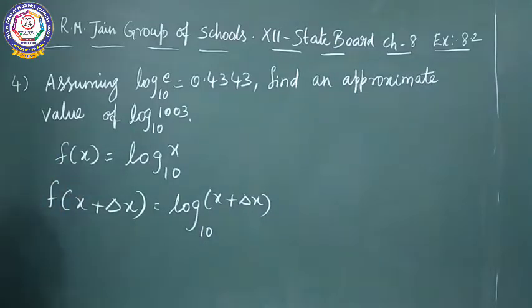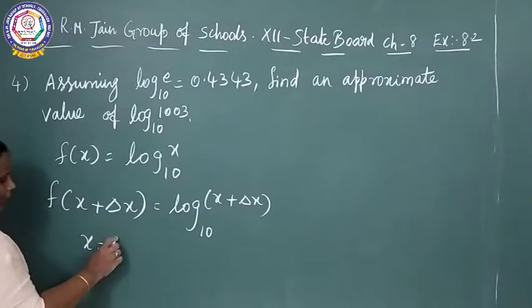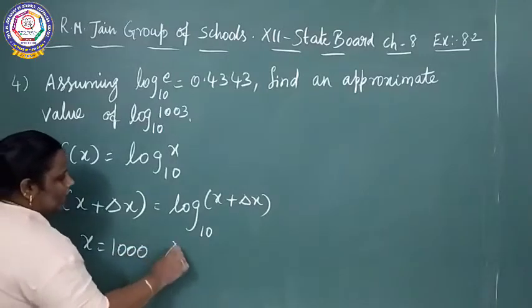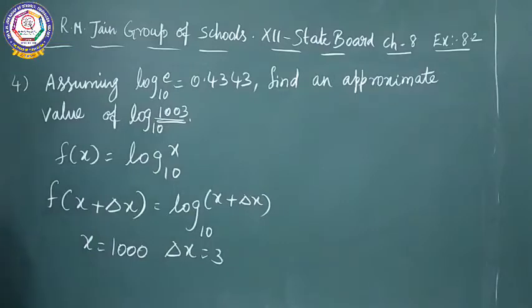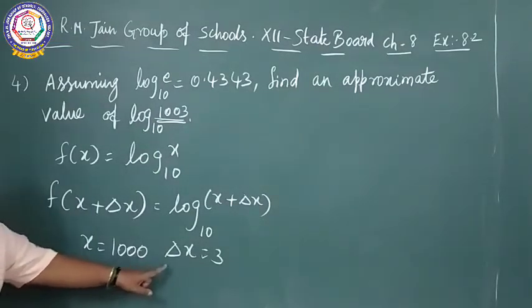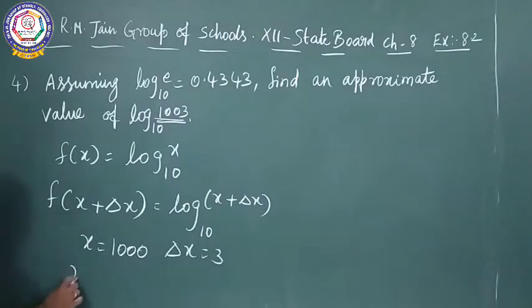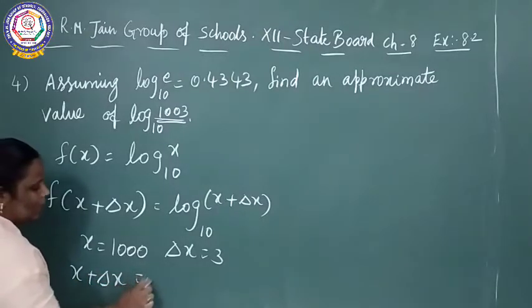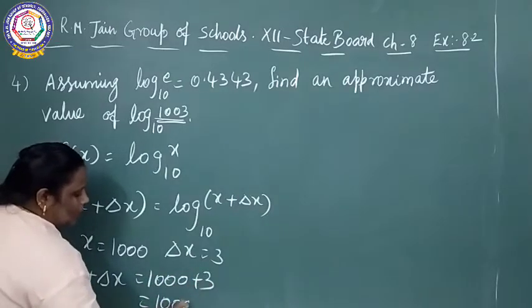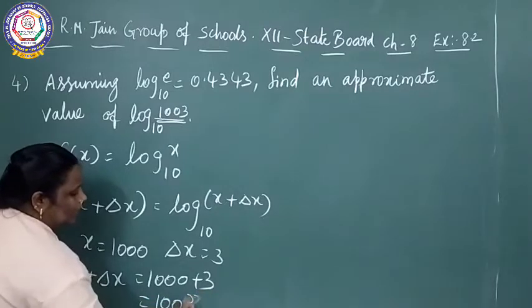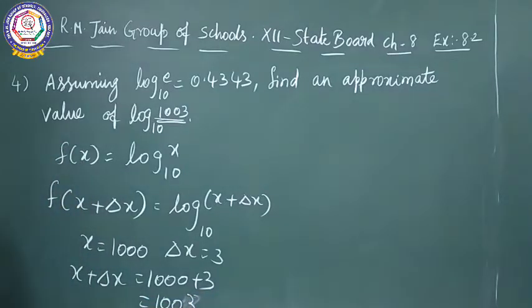For 1003, take the x value as 1000 and Δx as 3, so x + Δx = 1000 + 3 = 1003.